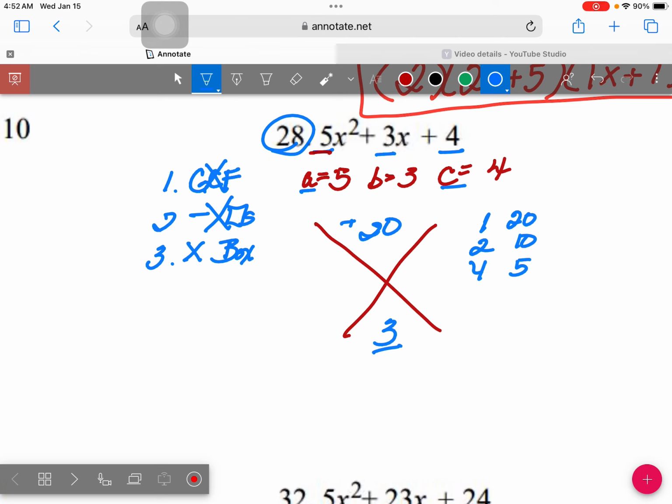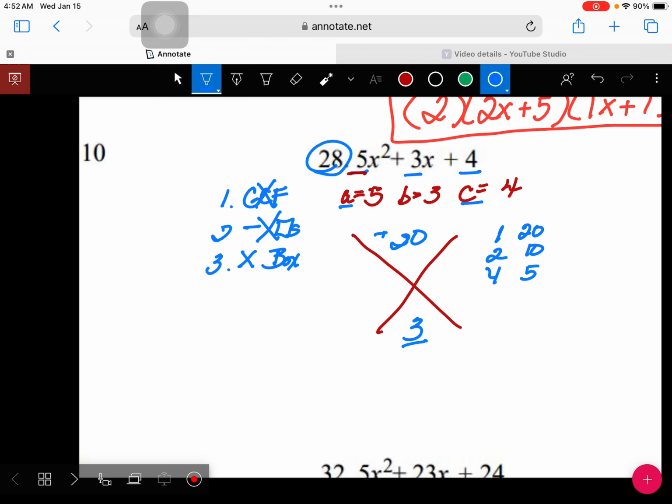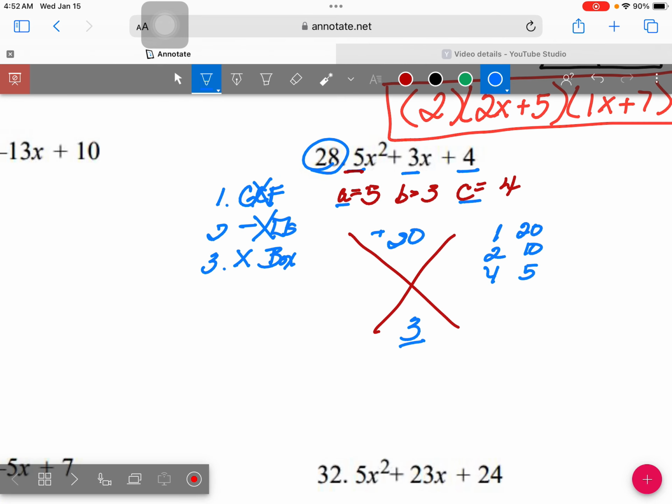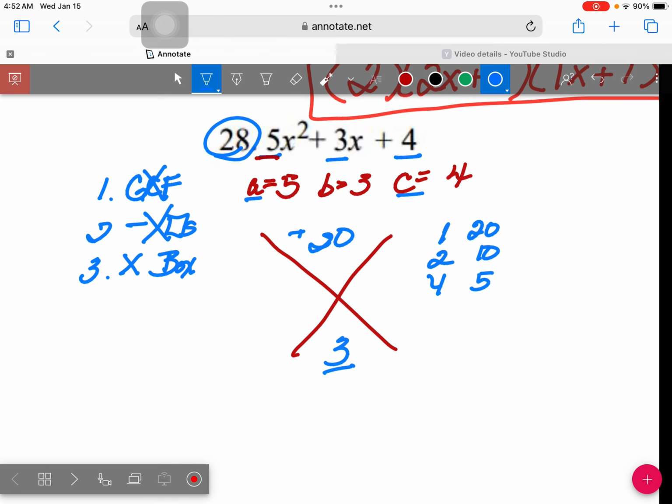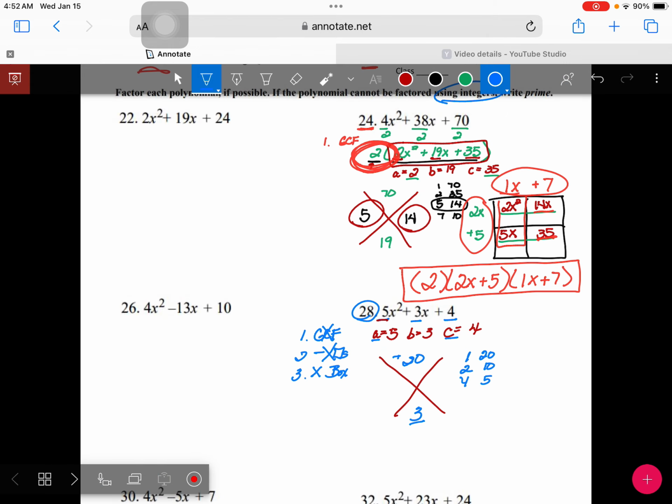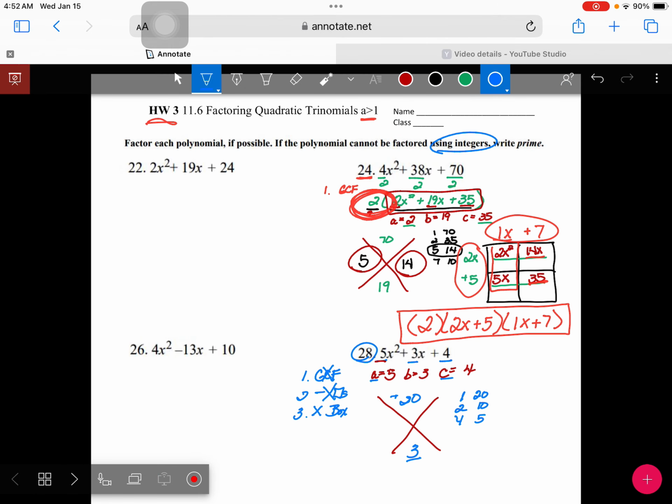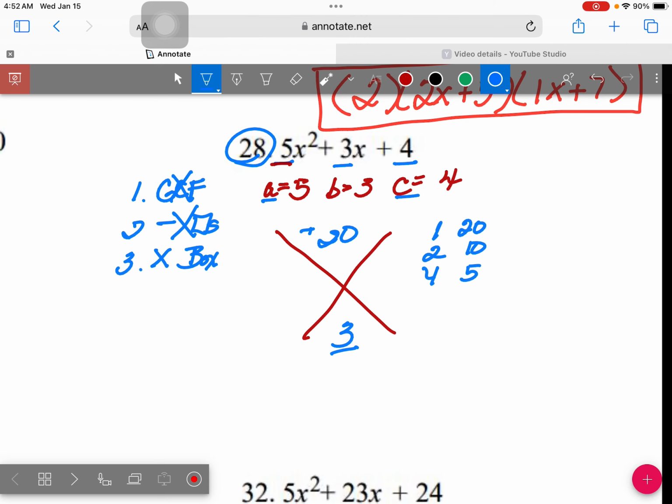That definitely does not add up to 3. And even if they were all negative, a negative plus a negative would be an even larger negative. So this is the case where it says, if the polynomial cannot be factored, write prime. Here, none of these happen to work, so we would write prime.